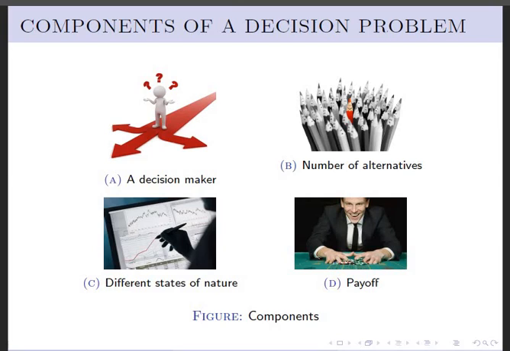Finally, it is possible to quantify each outcome for each course of action chosen by the decision maker. A payoff will result, conditional on which state of nature has occurred.